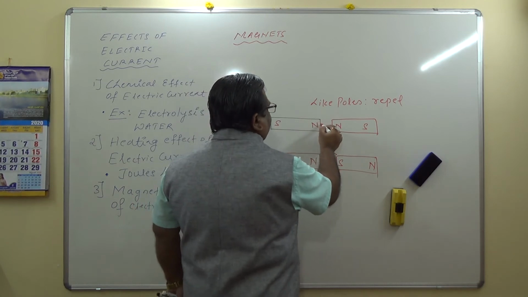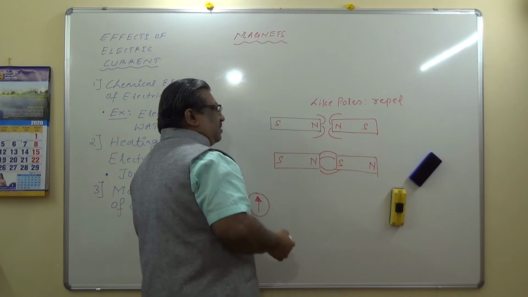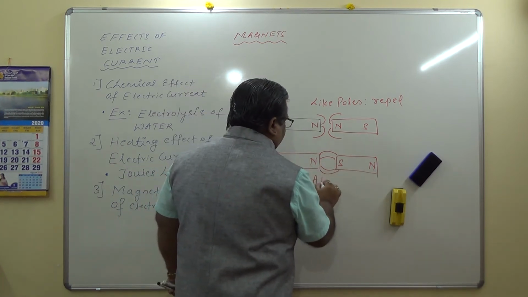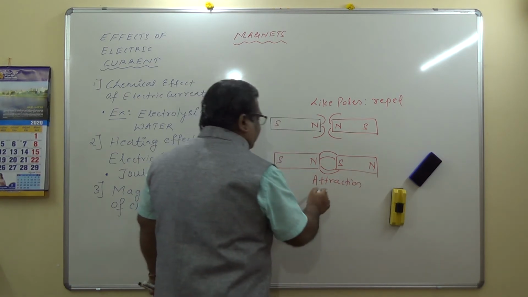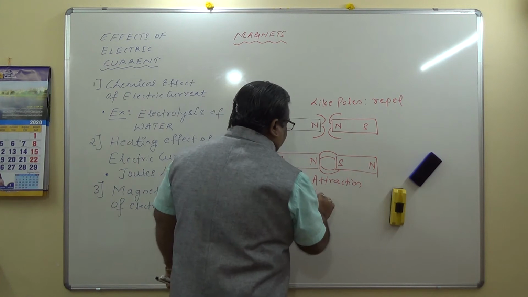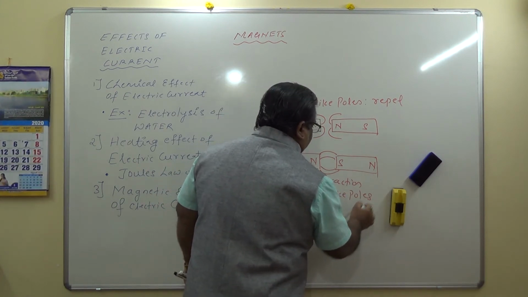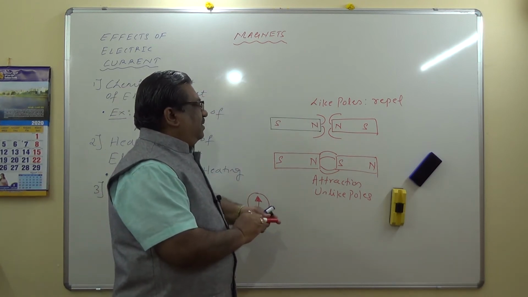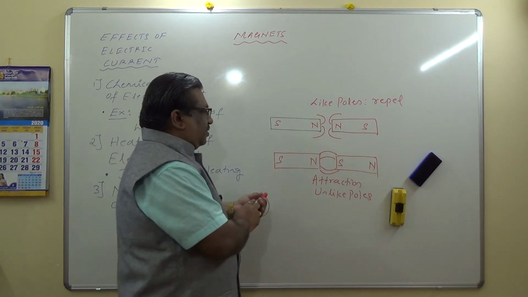In this case, the field lines will be something like this, which we'll study later. But here there is a force of attraction, and these are unlike poles. So what I just wanted to say is, like poles repel and unlike poles attract each other. That is one property you must know.